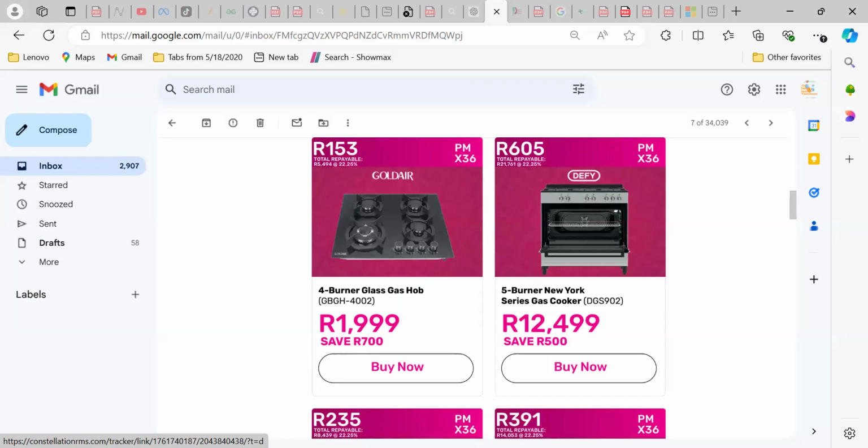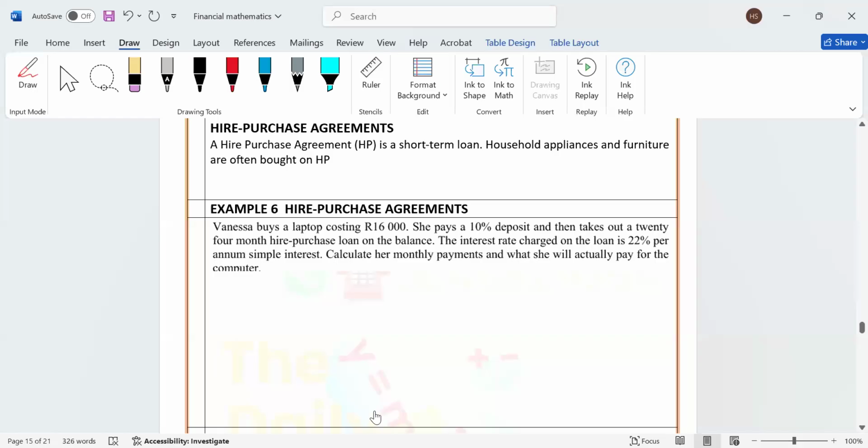They say Vanessa buys a laptop which costs 16,000. Now, here's the tricky thing about a hire purchase. If you say you want this laptop, it costs 16,000, and you don't have the 16,000, they will say to show you are serious, give us a deposit.